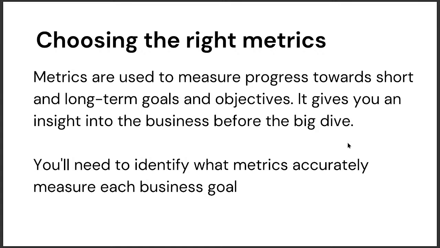Now, choosing the right metrics, you need to identify what metrics accurately measure each business goal. This is where having an understanding of the business industry comes in. This is where you understand the metrics that are important in the industry you're in. For example, for websites, you want to know the average clicks, how many times they're clicking on a page in your website, for instance.